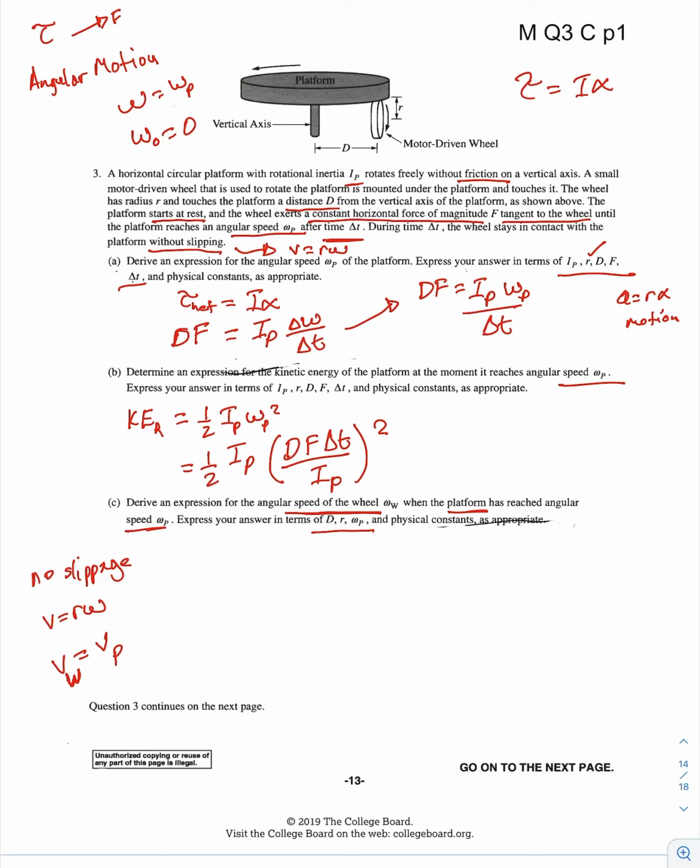The speed of the wheel will be r omega. So that would be r times omega w, and then has to equal the radius of the platform, d, times omega p. But we have omega p as df delta t over ip. And then we just solve for that.